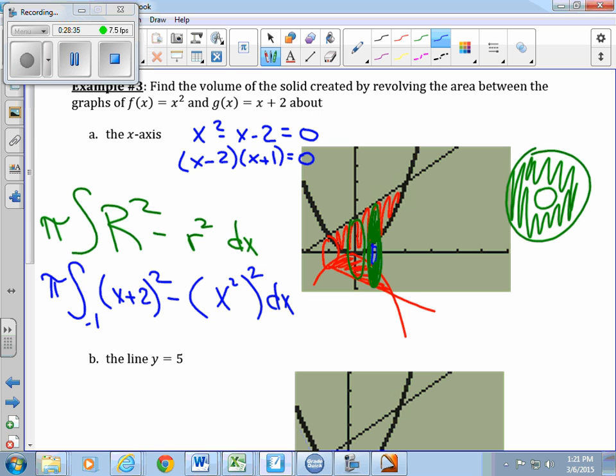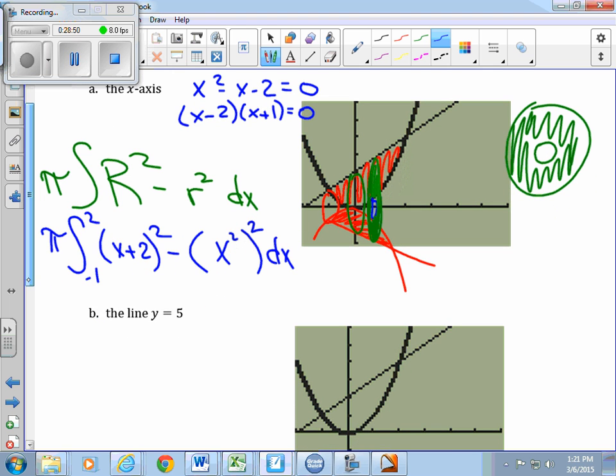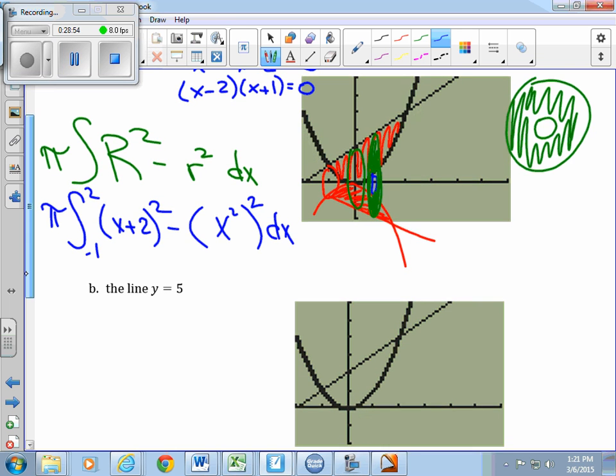Right? Yep. So -1 to 2. Any questions? Right. At 0, you have a solid because there's not a gap right there. Any questions about that one?